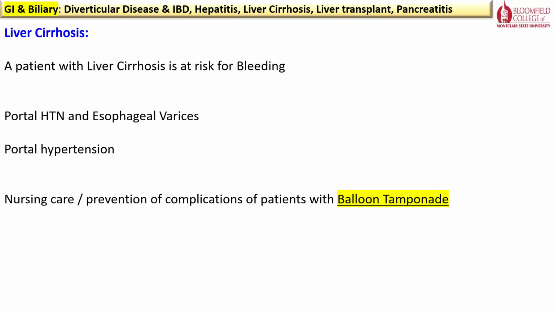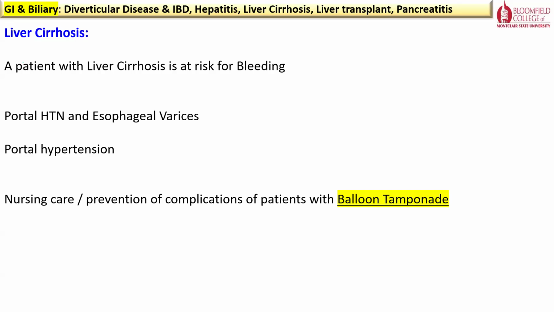The portal hypertension increases the pressure in the venous system and contributes to the development of esophageal varices. So the esophageal varices are a resultant complication from the portal hypertension.